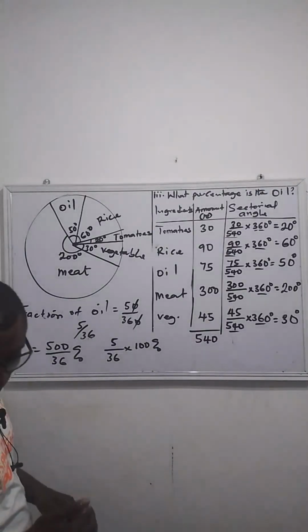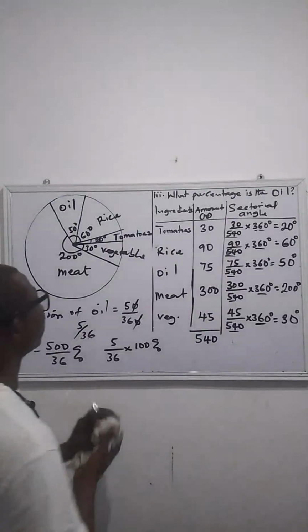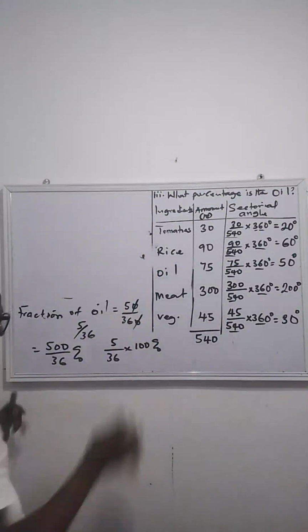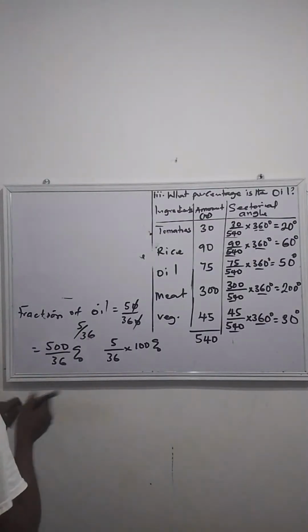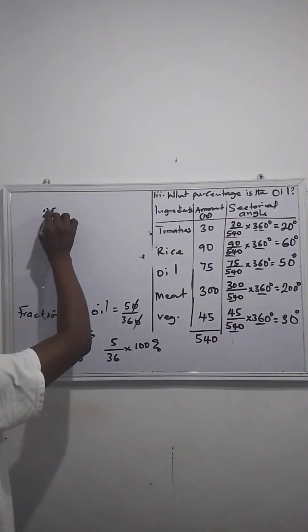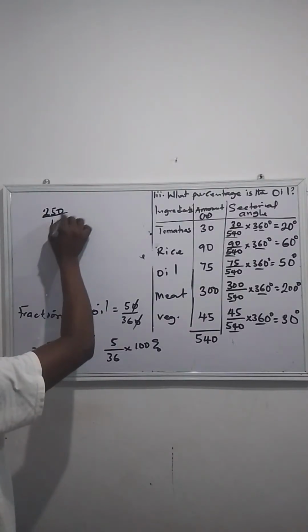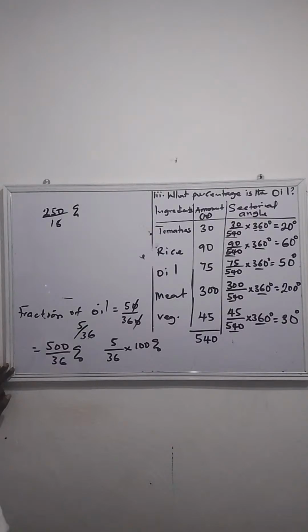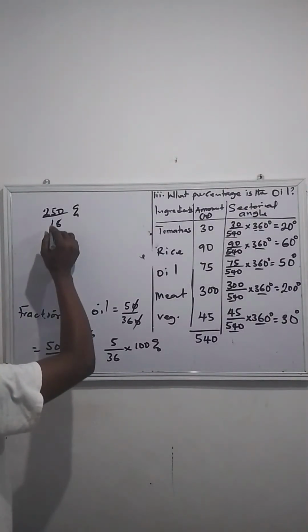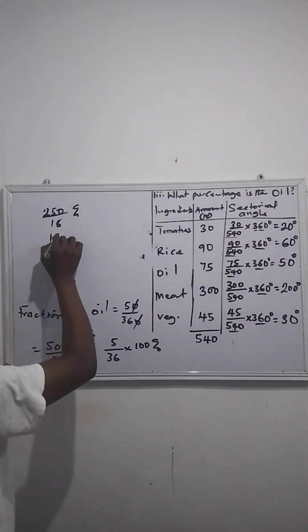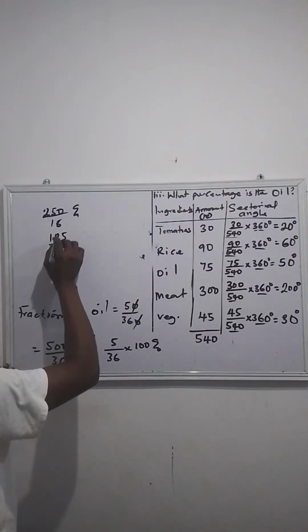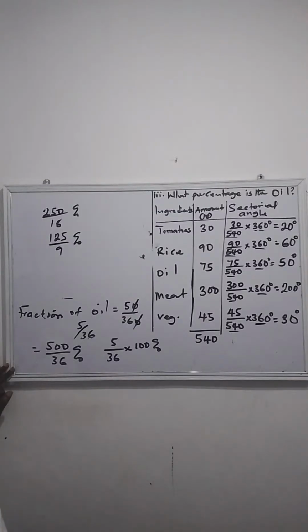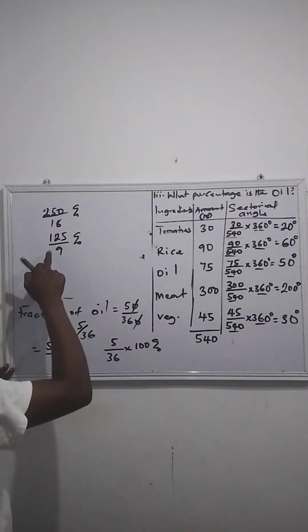What do we have when you simplify that? That is 250 over 18. And we still divide by 2? Yes. So that is 125 over 9%. How many 9 are you going to see in 12?